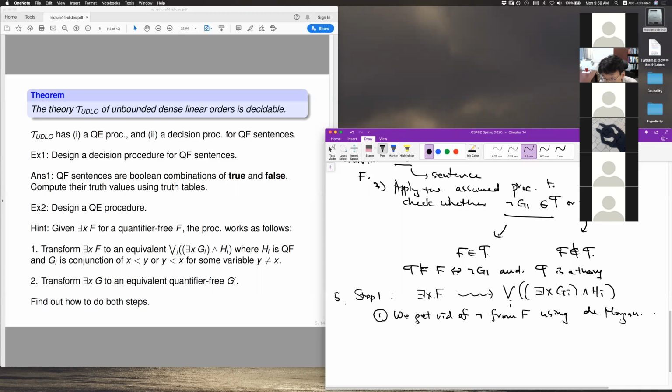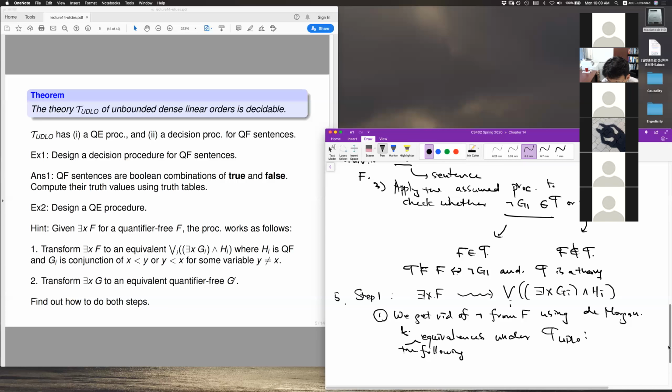By using De Morgan's law, we can move negation from the outside all the way to the base case, and then use some tricks, or the following equivalences under theory T, the theory DLO.